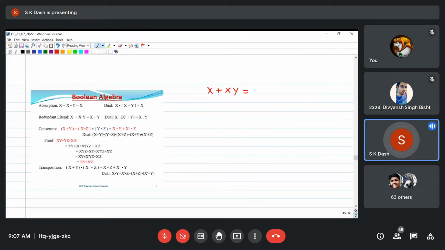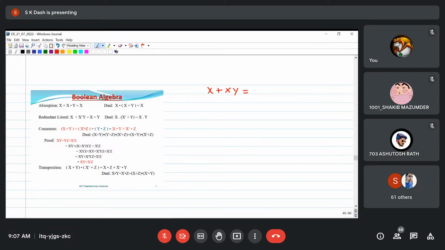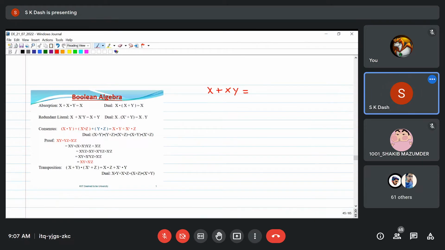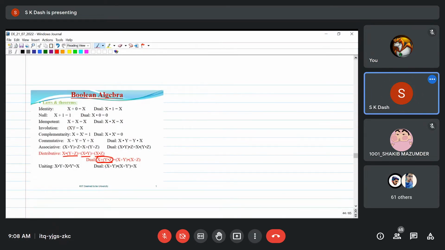So what will happen here? What can I write here for that? x into 1 plus 1? x plus 1? No, it won't be x plus 1 directly. Check it again. It is in the form of a plus b dot c.